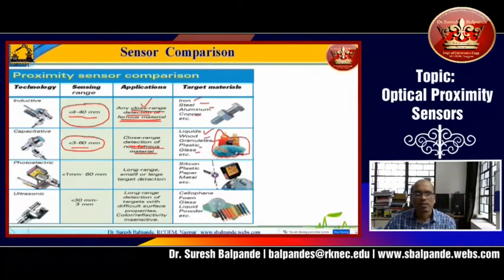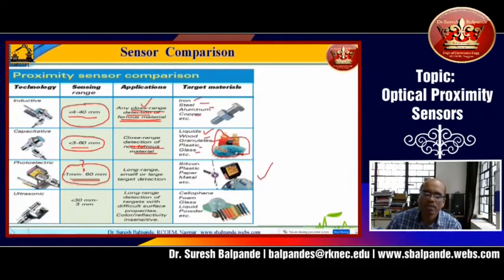And the third type is the photoelectric. Here in photoelectric, it is mentioned as 1 mm to 60 mm, but already we have seen ranges in meters also. That is not mentioned here because I have taken this table from some source. Among these three, inductive, capacitive and photoelectric, the photoelectric will have the highest sensing range, in meters, and that is with the through beam type.